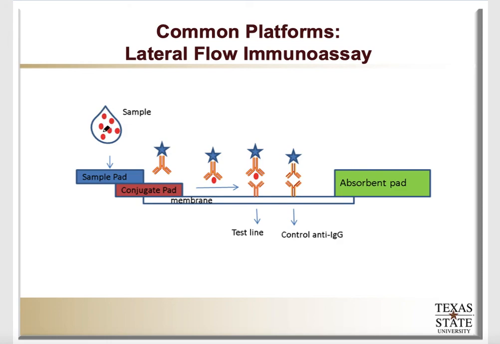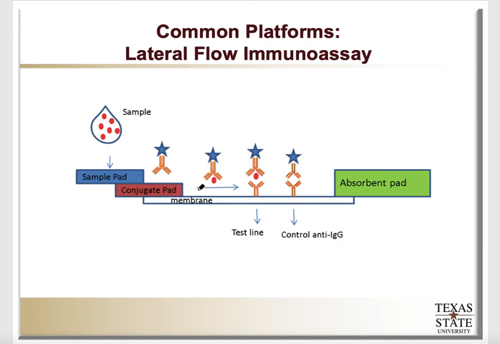And so once you put that physiological fluid here, what's going to happen is that it is going to start traveling through capillary action toward the right-hand side where you have that adsorbent pad that acts as a driving force, right? And so when the physiological fluid gets to the conjugate pad, it is going to now dissolve the labeling antibody, and this guy is going to bind to the antigen, to the red dot.